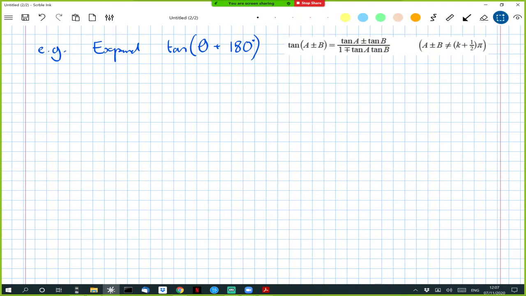So have a go at that. So this is A, this is B, and notice the minus or plus there rather than plus or minus. So if we choose the top sign, which is plus here, we choose all the top signs here.